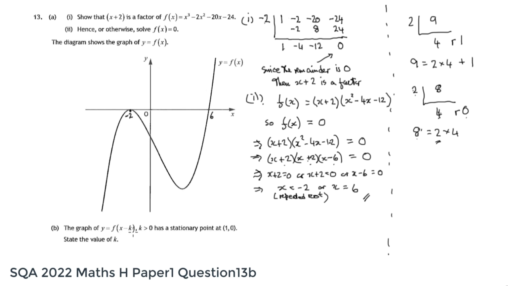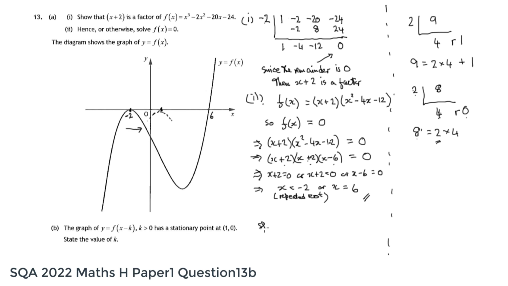Now remember, taking away 1 moves it 1 to the right, taking away 2 moves it 2 to the right, taking away 3 will move it 3 units to the right. And they're telling us there's a stationary point at (1, 0). So if we move that stationary point 3 units to the right, then k will have a value of 3, and that would fit what they tell us.